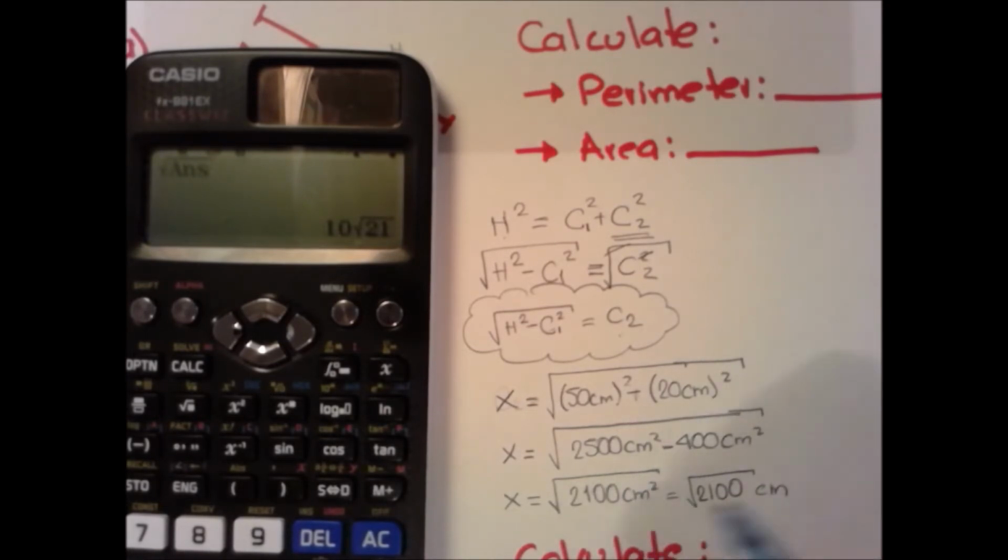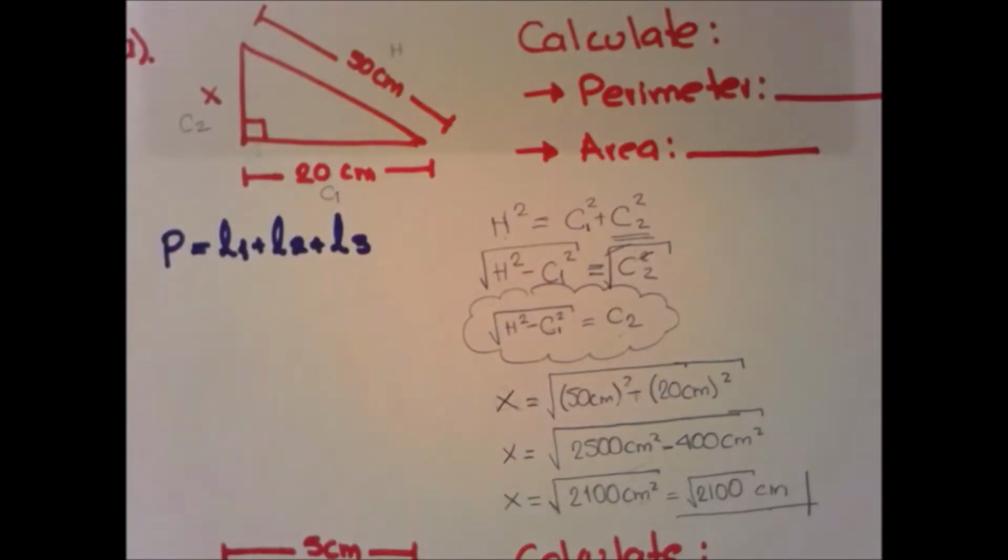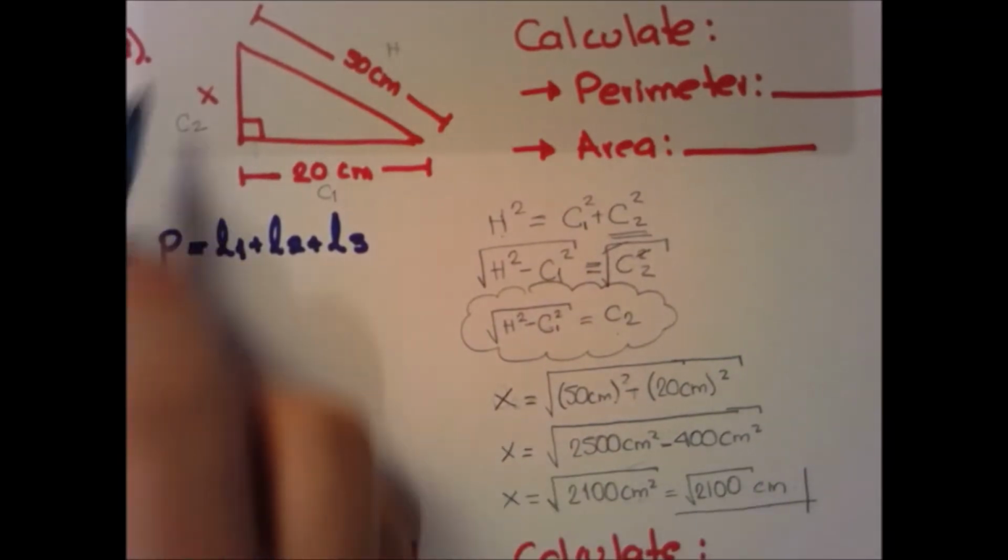Why is this going to be outside? Because the square root of centimeters squared will be just centimeters. Okay, so this is the length of this side.